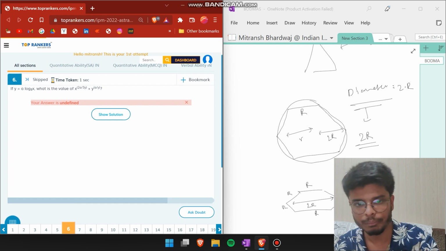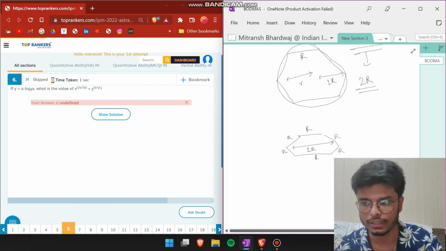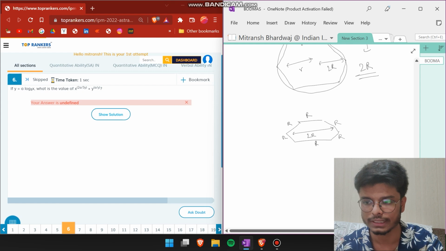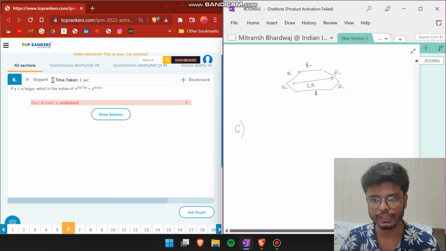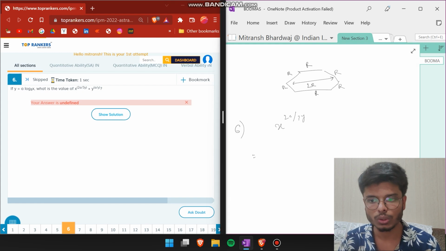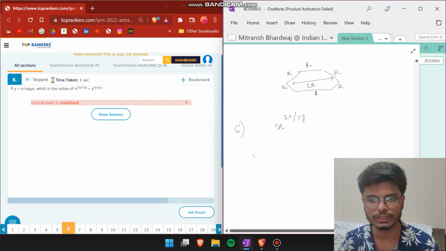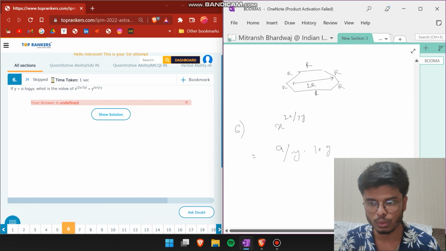This sort of sum is a very simple logarithm sum, and I strongly suggest that you try to do all sums of logarithms because they're high scoring in nature and an easy concept. You can easily find x to the power 2a by 3y, so you can always individually find the terms in this sort of question. You know a by y into log 8 x is equal to 1.